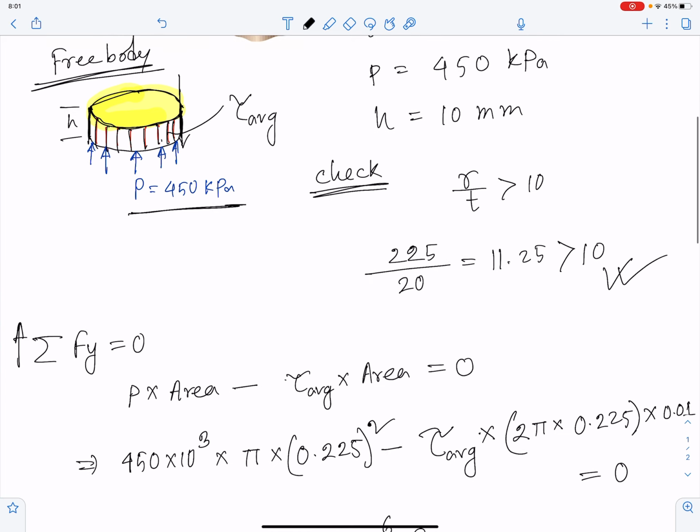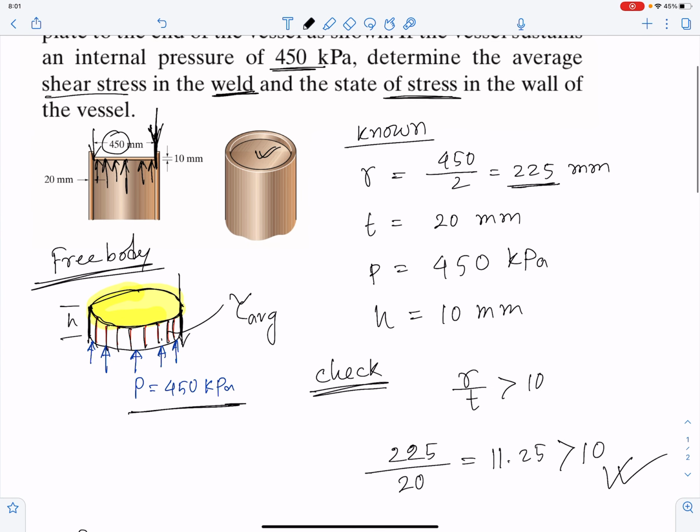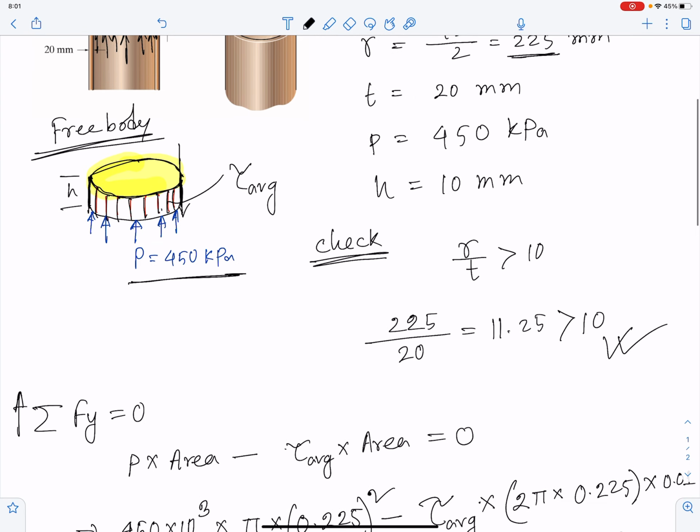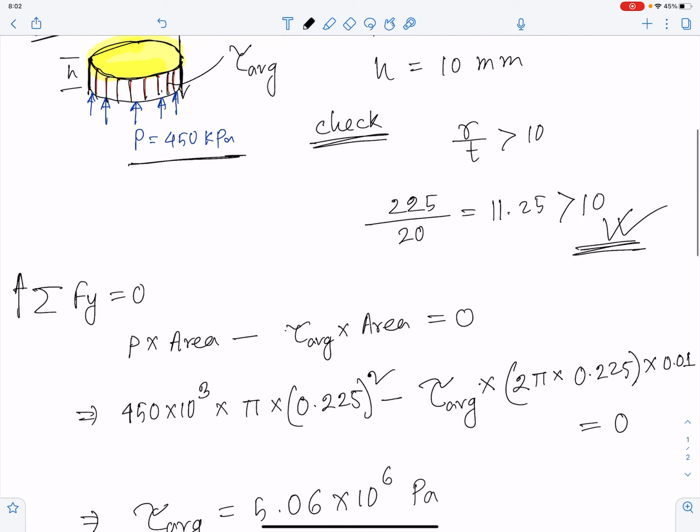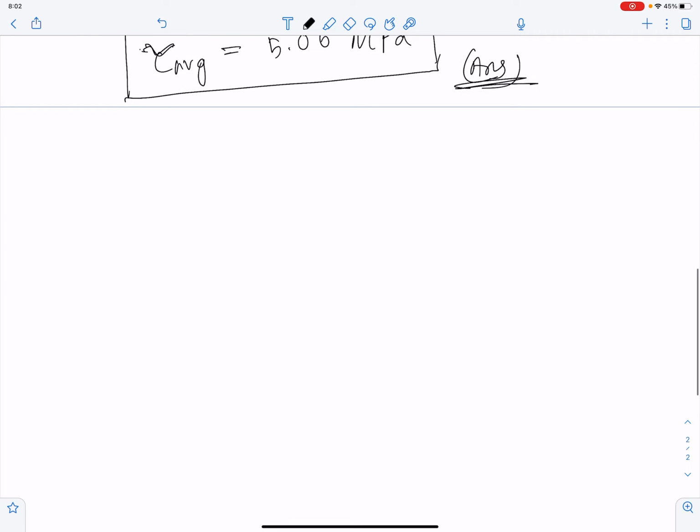Now they also asked us to determine the state of the stress in the wall of the vessel. We already saw that this belongs to the thin wall pressure vessel by this condition, so now we know those formulas. For hoop stress, sigma 1 equals PR divided by t.